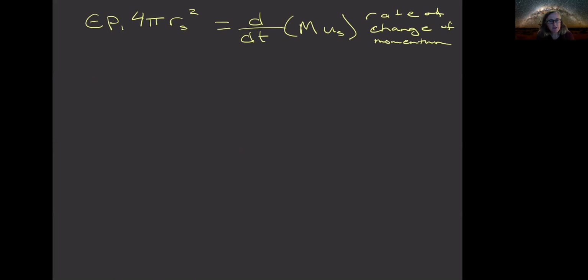So the pressure of that shell applied across the surface area of the shell itself will be balanced by the rate of change of momentum of that shell and its mass.